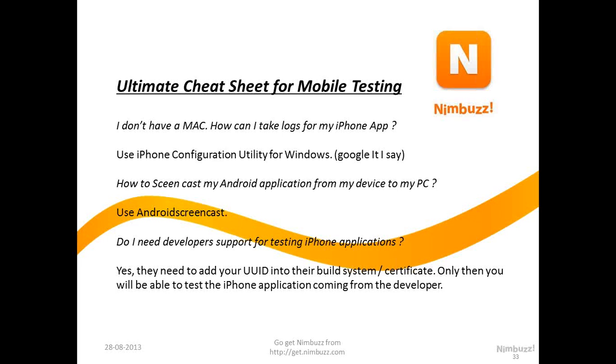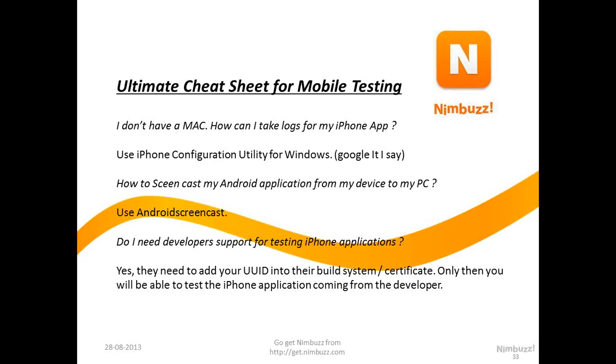If you don't have a Mac and you have an iPhone for testing the iPhone application, you can use the iPhone Configuration Utility. You can search for that and use it to take logs. And then you can screencast your Android applications using Android Screencast.